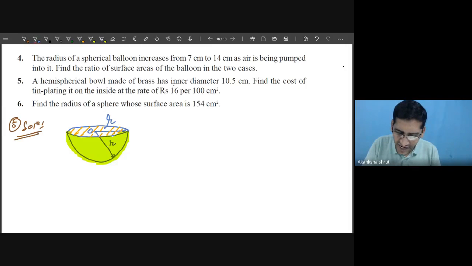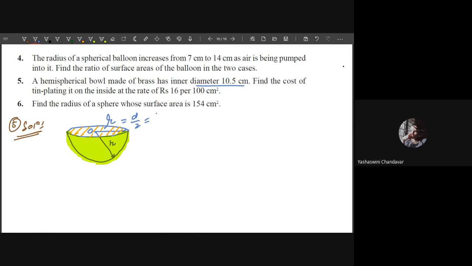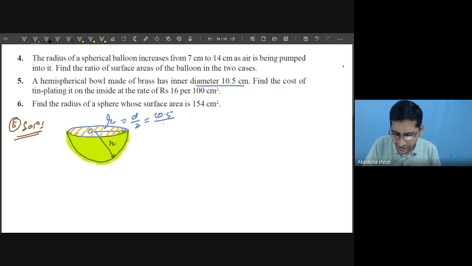Here the inner diameter is given, meaning it is like a hollow sphere basically. The diameter is given, so the radius is D by 2, 10.5 by 2, which is 5.25.